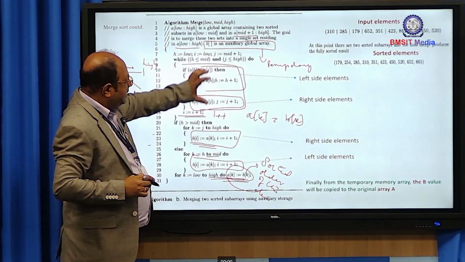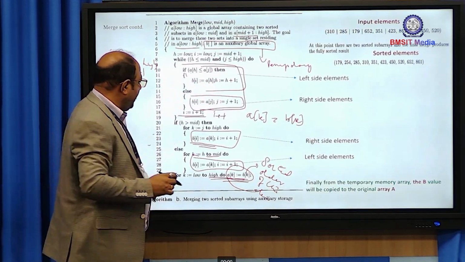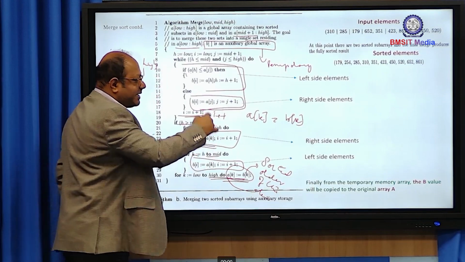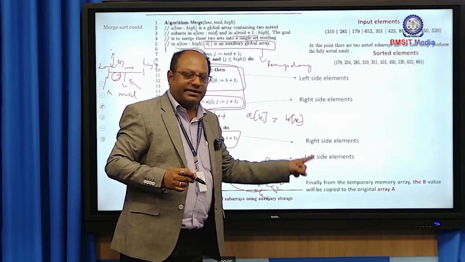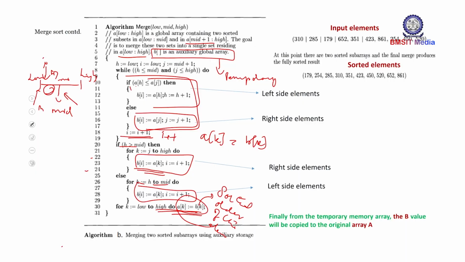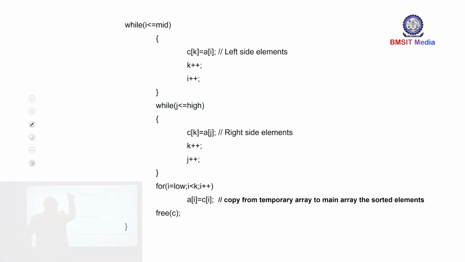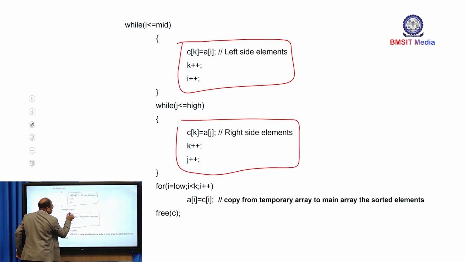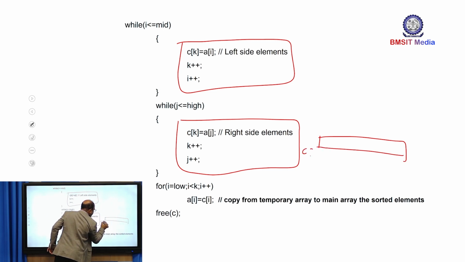Now again, once we have completed copying the left hand elements to the auxiliary memory, this condition is there: h greater than mid, then copy the left out right side elements and left out left side elements. The same thing is applied in the program as well: whatever elements are left out on the left side and right side should be copied to the auxiliary memory, that is C of k.